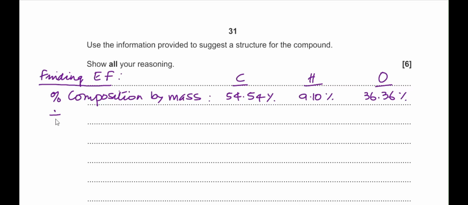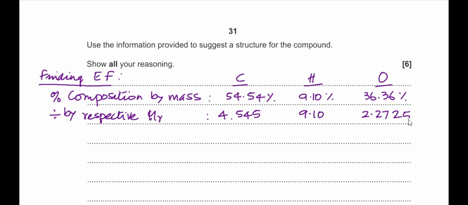Then dividing by respective Mr, we get for carbon 4.545, for hydrogen 9.10, and for oxygen 2.2725. Dividing by the smallest value here to find the ratio, we get carbon is 2, hydrogen is 4, and oxygen is 1.